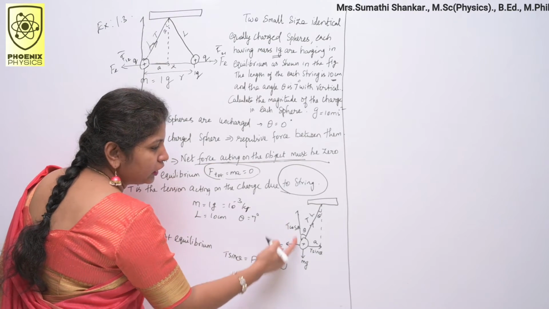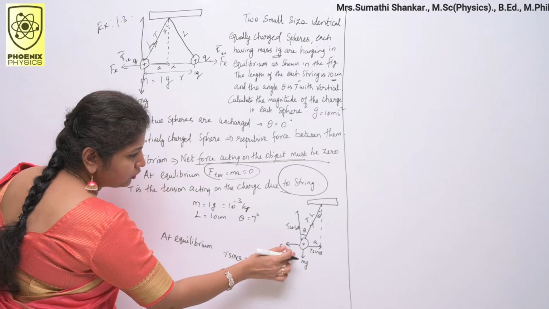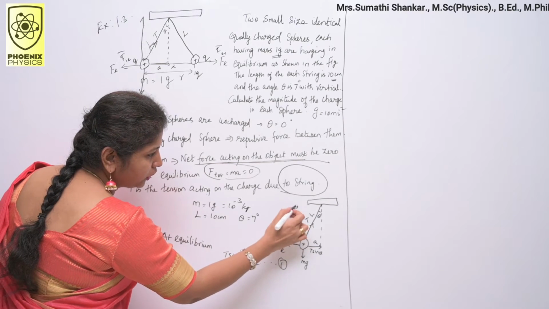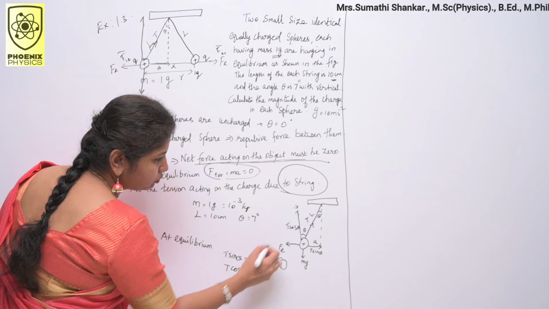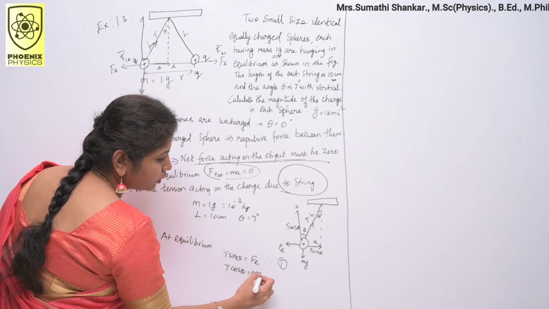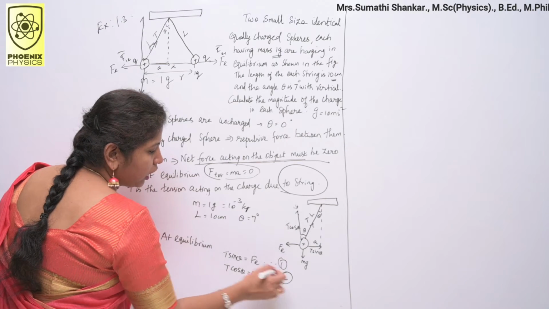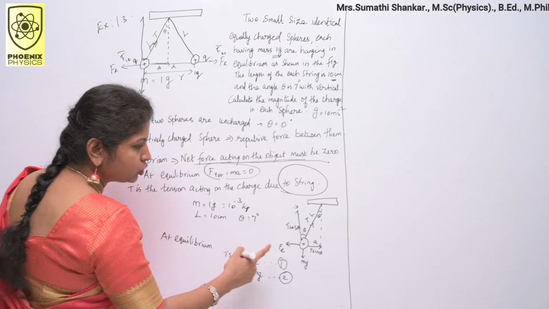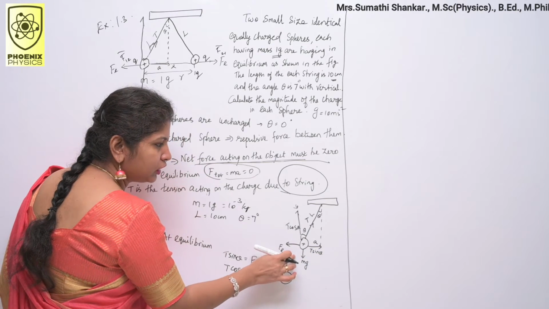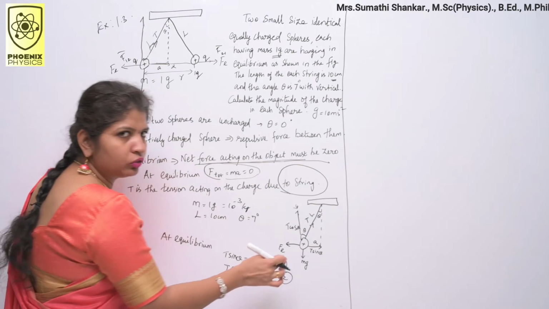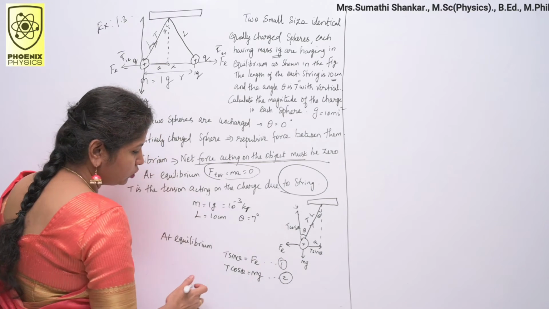Next, equate the y component forces. So this is my y component force, that is T cos theta is equal to mg. At equilibrium position, you equate the right hand side of forces to the left hand side. Upward force equal to downward force. So these are our equations 1 and 2.